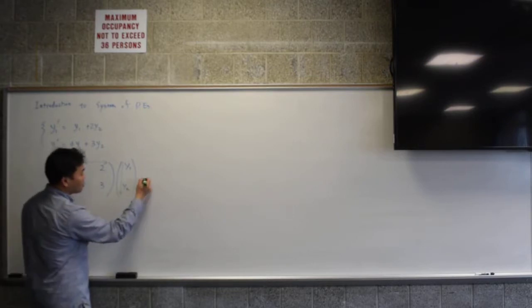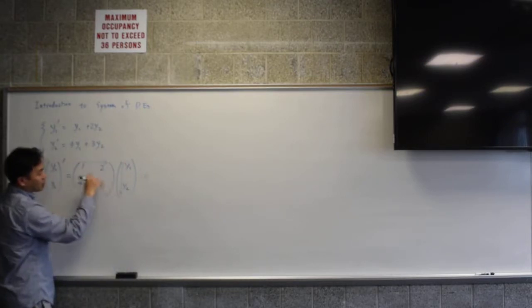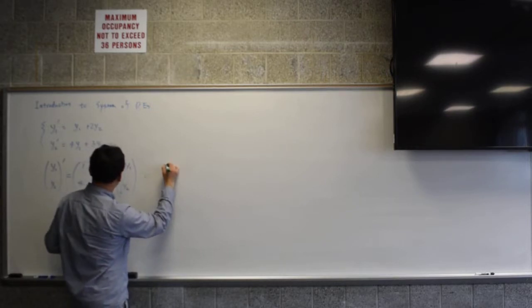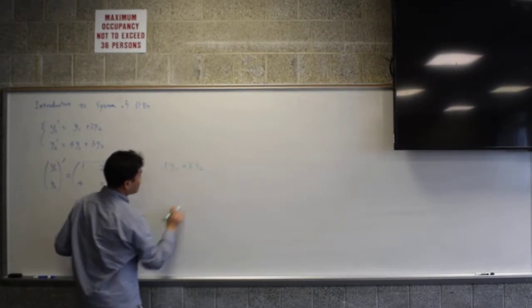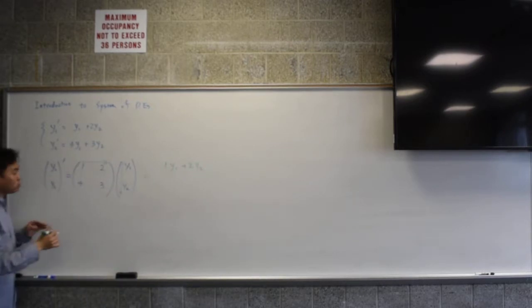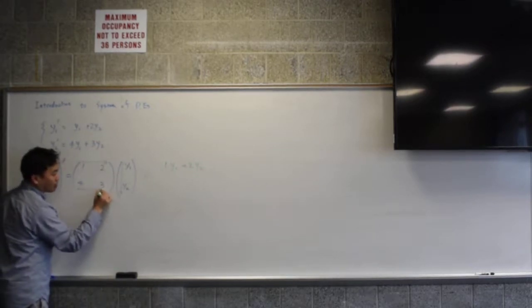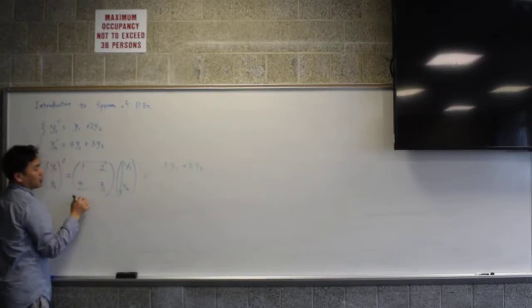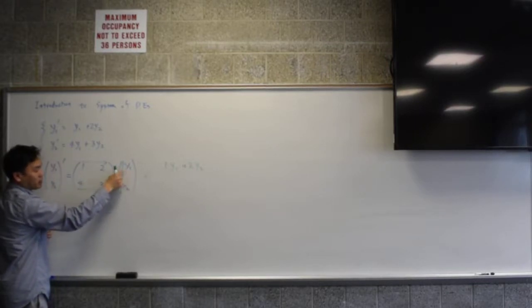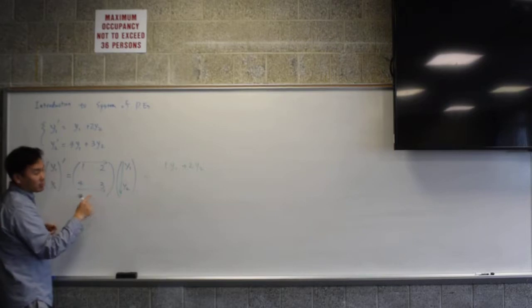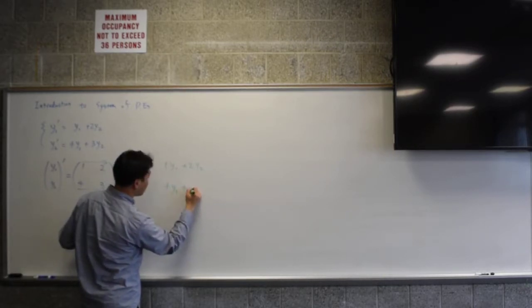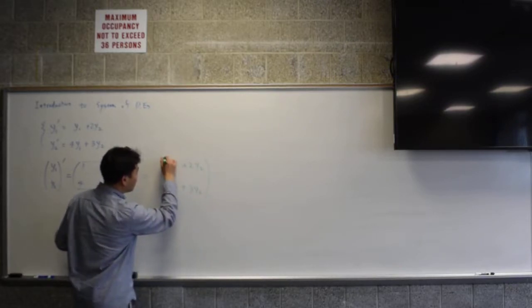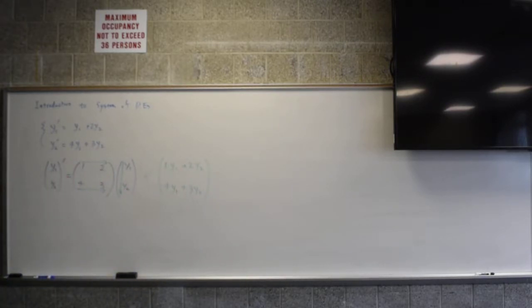The top result is 1 times y1 plus 2 times y2. Then you do the same thing for the bottom one: across, down, 4 times y1 plus 3 times y2, and that's the resulting matrix.